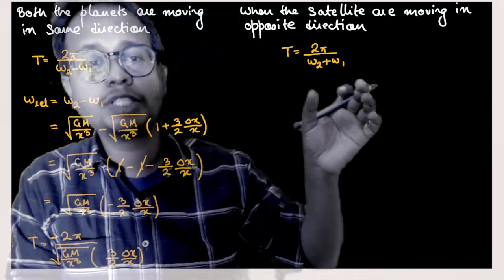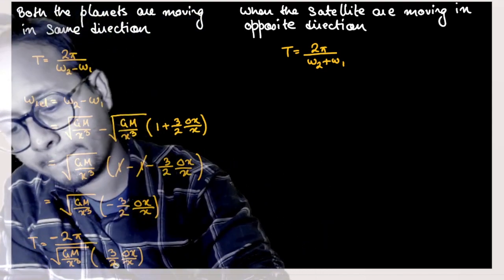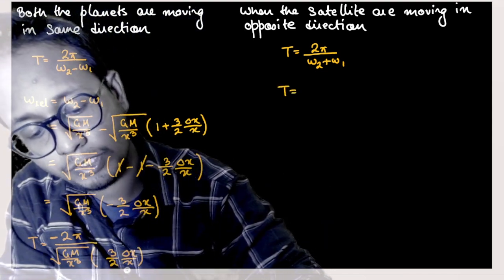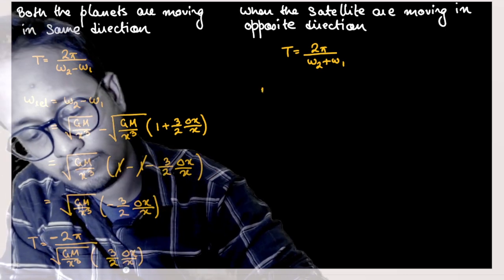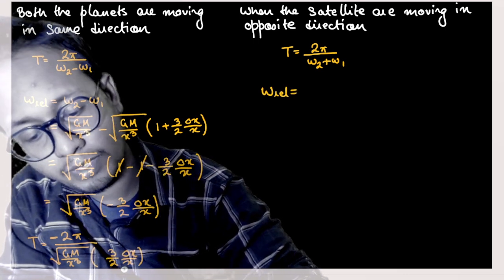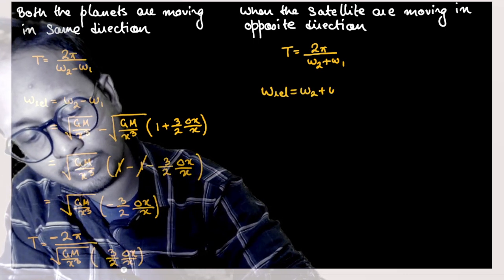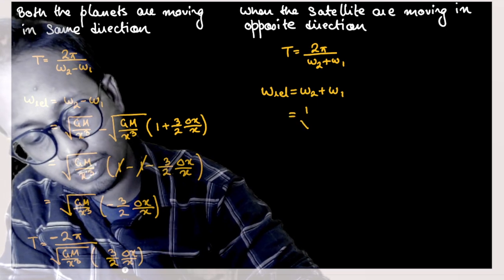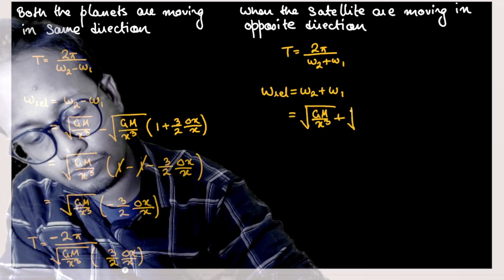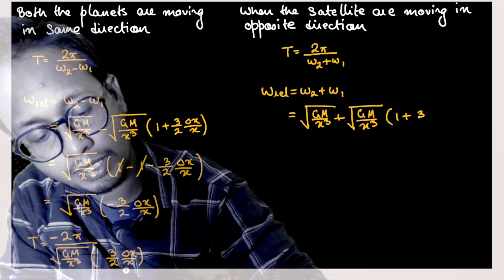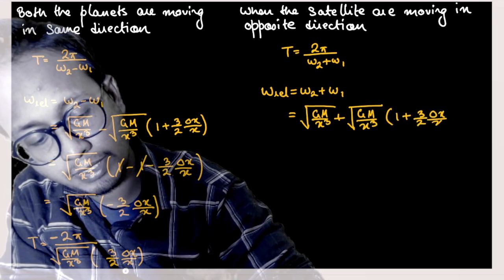Now the second part of the question: when both are moving in opposite directions, what would happen? The relative angular velocity would get added. So omega relative is nothing but omega 2 plus omega 1, which is under root of GM by x cube plus under root of GM by x cube into 1 plus 3 by 2 delta x by x.